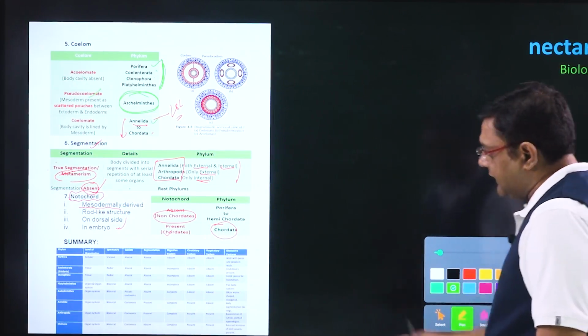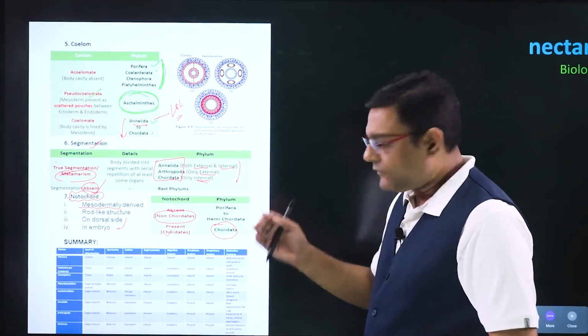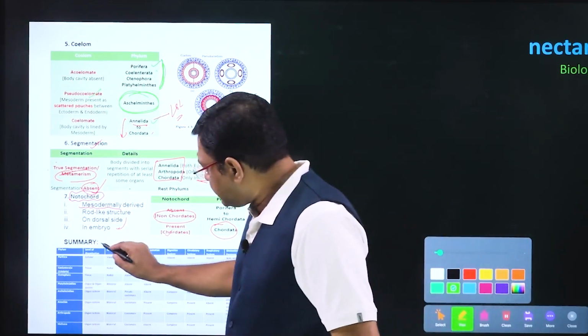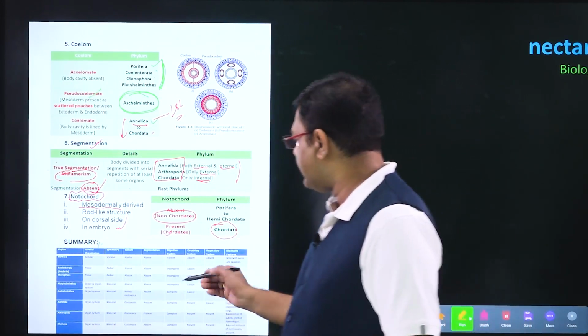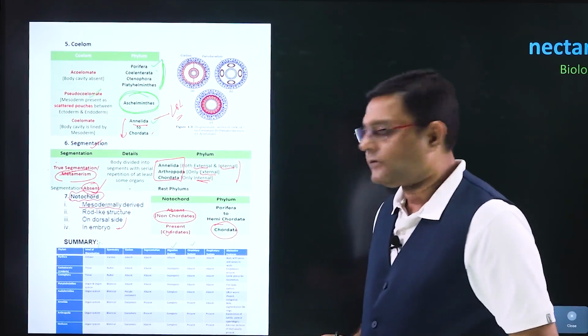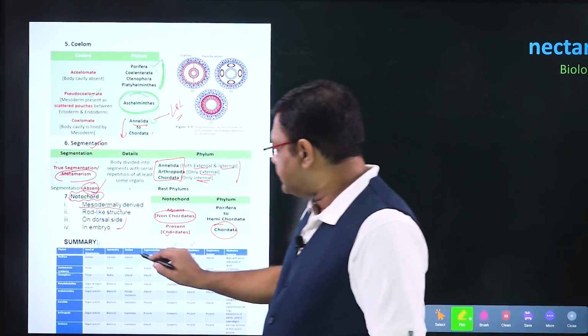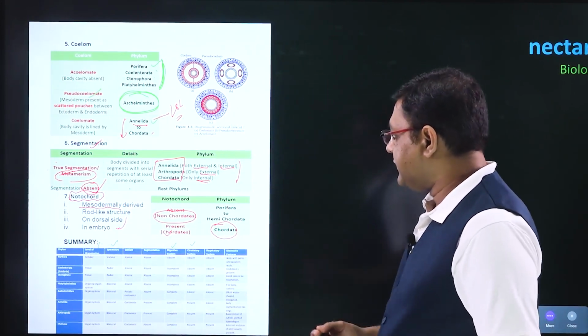So, of the bases of classification in all that we studied, the first we studied was level of organization. Then we talked about the digestive system. We talked about the circulatory system. After this, we talked about symmetry. After symmetry, we talked about germ layers.